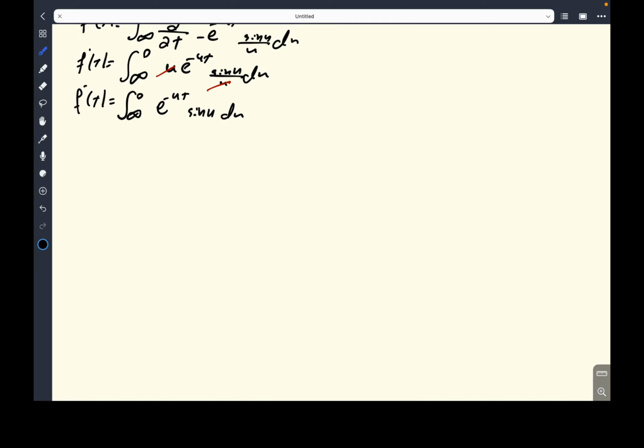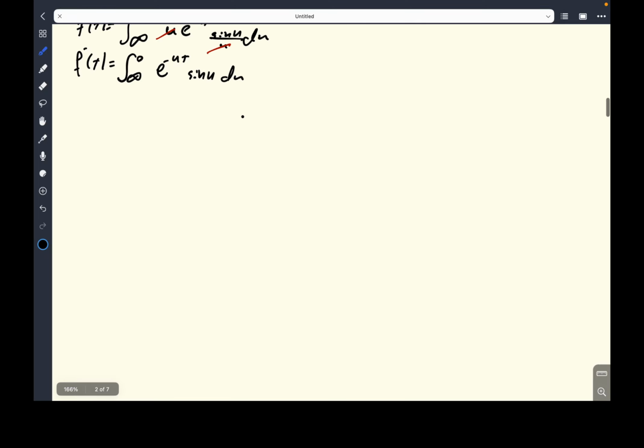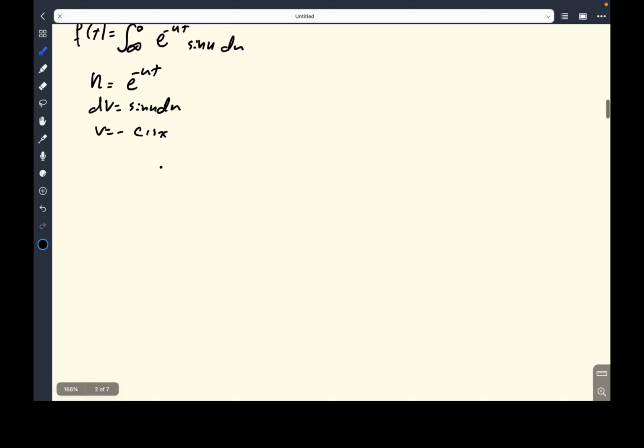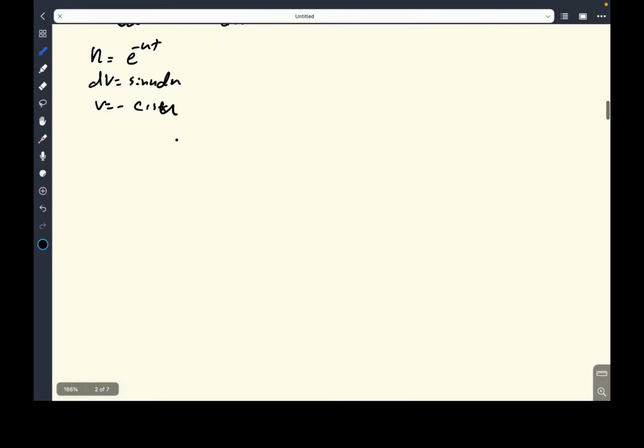So I'm going to define my n to be e to the negative ut and dv to be sine u du. Thus my v would be negative cosine u.